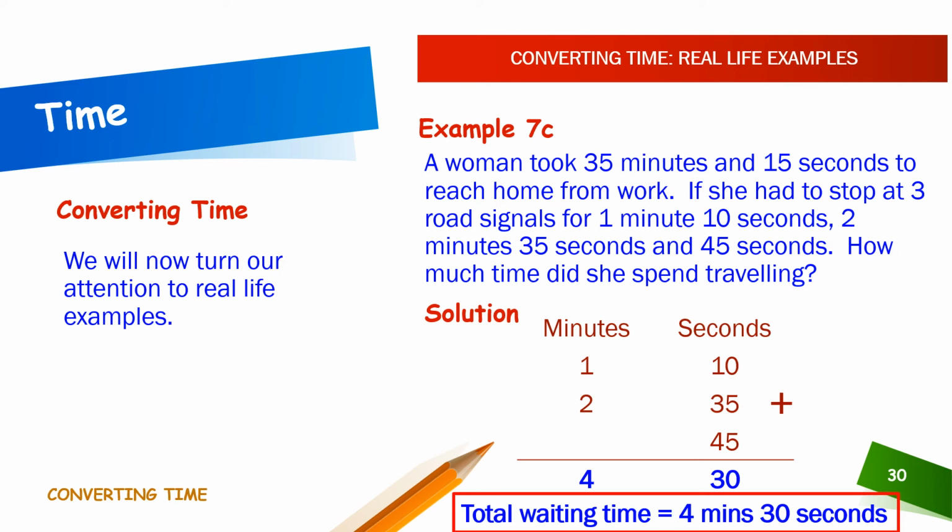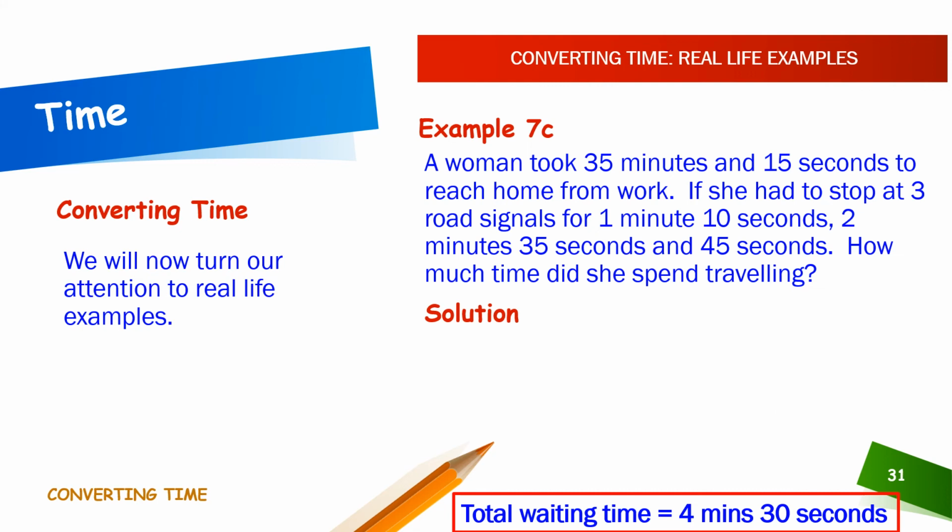In order to find the total time she spent travelling or in motion, we need to subtract this from the total time that the woman took to reach home from work. So let's deduct the total waiting time from that time.